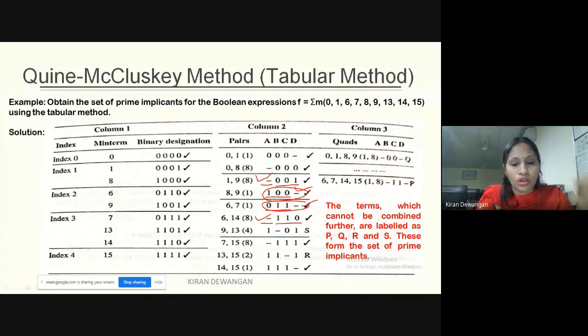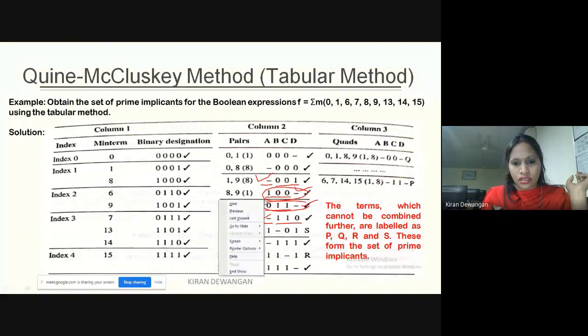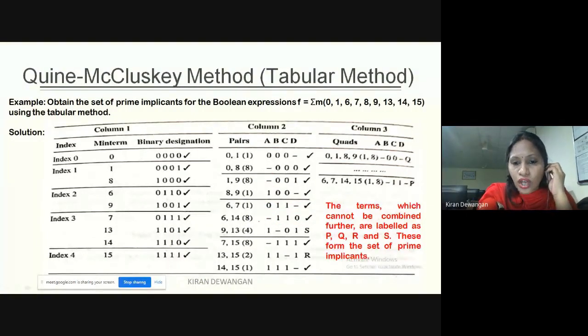Hence again it will not convert to a quad. Okay, so what actually we'll do here, जो आपका पेयर फॉर्मेशन में पेयर क्वाड में कन्वर्ट हो रहा है, we'll put a tick over here. हम यहाँ पर दोनों को टिक कर दिए. ये आपका पेयर क्वाड में कन्वर्ट हो गया है. ये चारों कन्वर्ट हो चुके हैं क्वाड में.